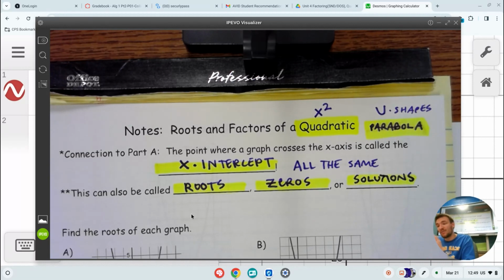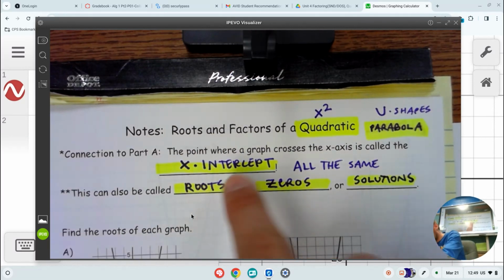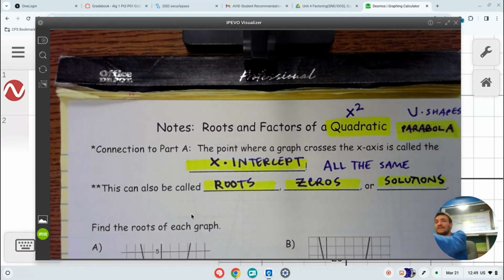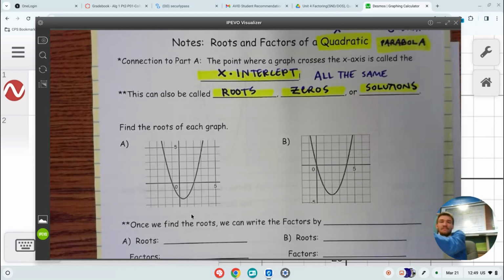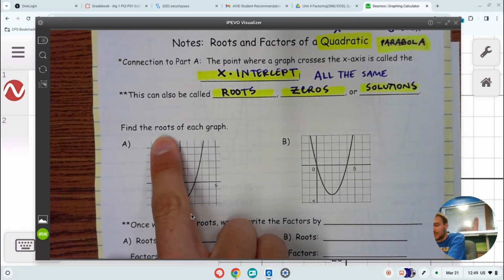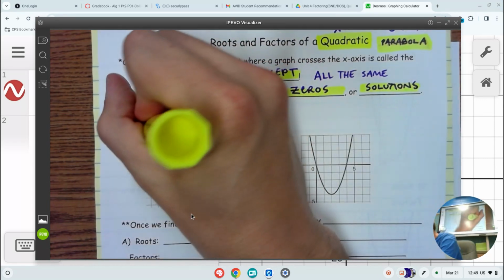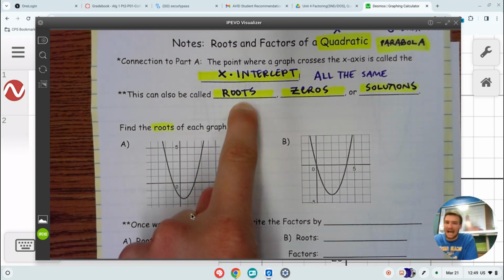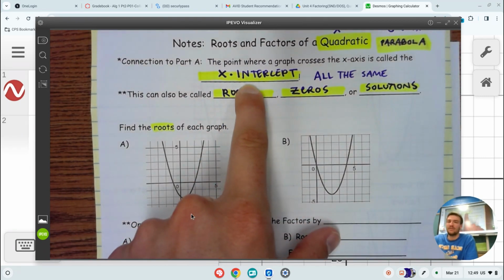So in a weird way, these four words all mean exactly the same thing. So sometimes a question might use one of them, like A, which says find the roots of each graph. And you might think, we've never learned what a root is, but a root is exactly the same thing as an x-intercept.